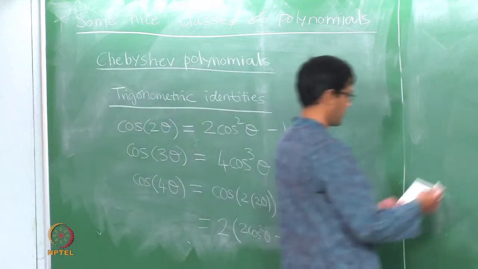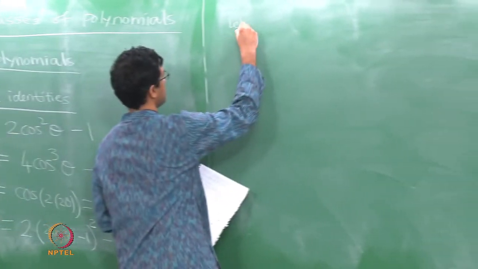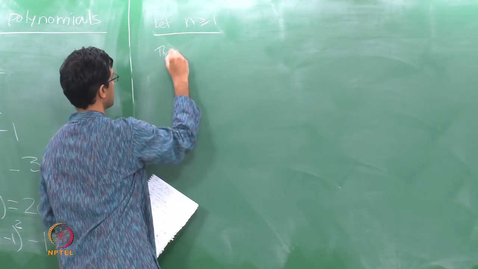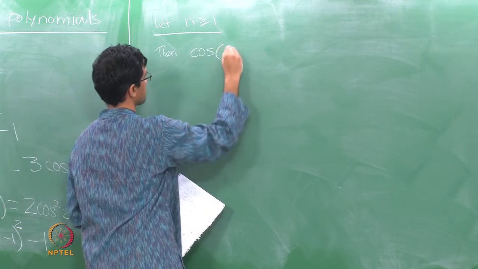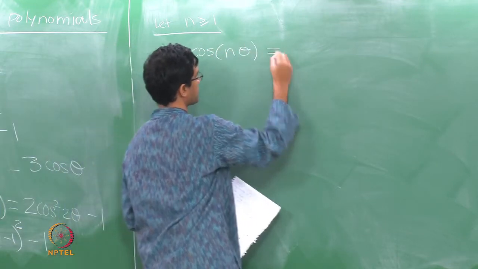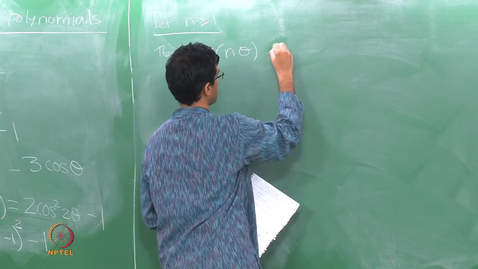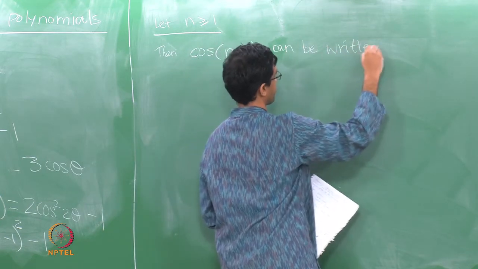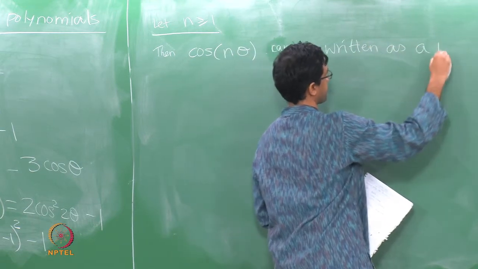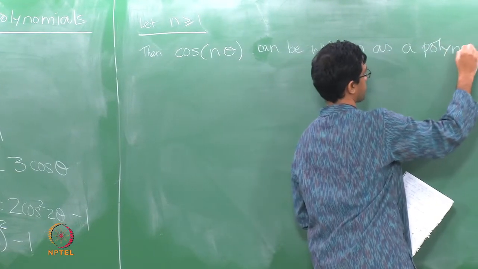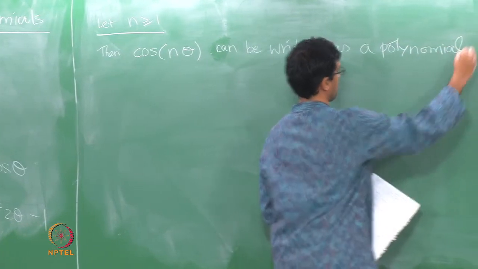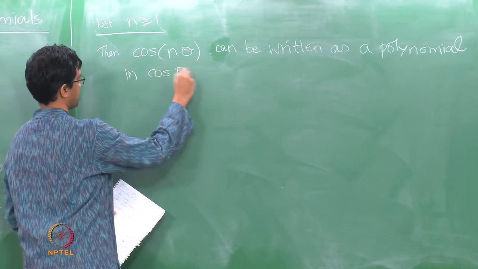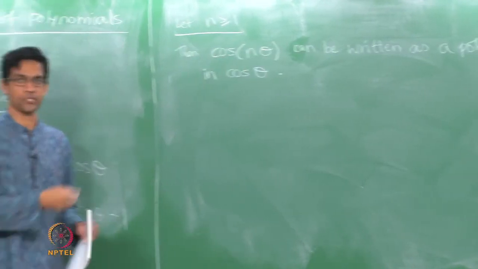So the key point here is: let n be any natural number, then cosine of n theta can be written as a polynomial in cos theta.